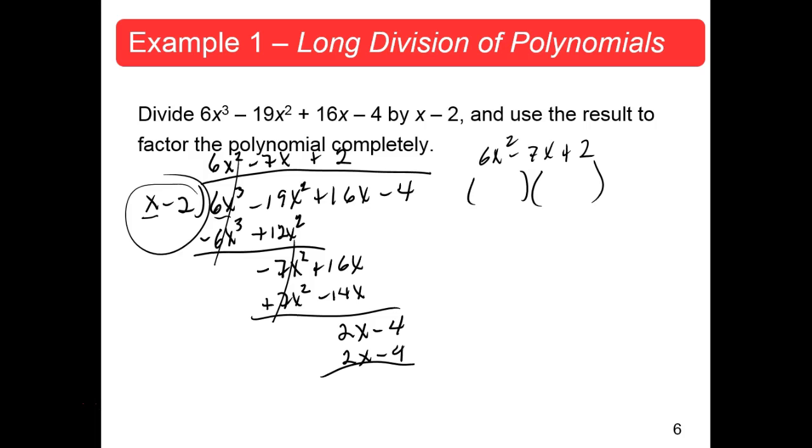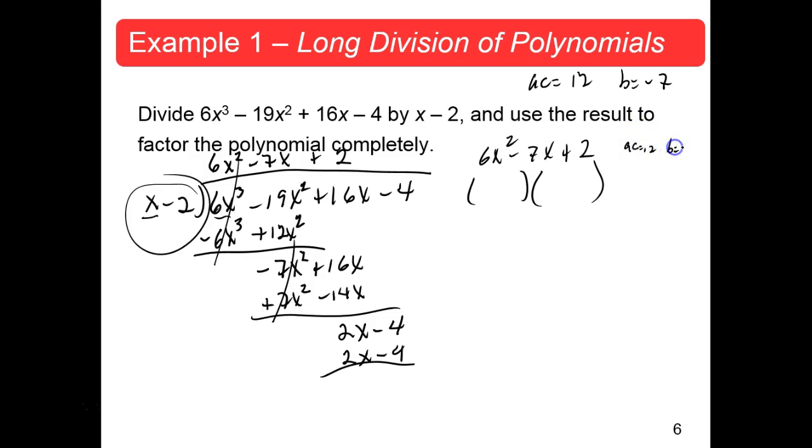But anyway, what we do is multiply A times C, and AC is equal to 12, and B is equal to minus 7.